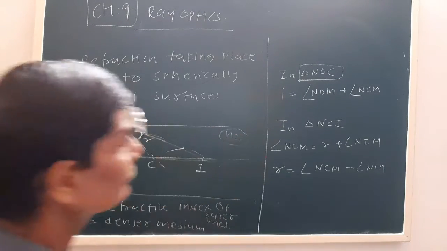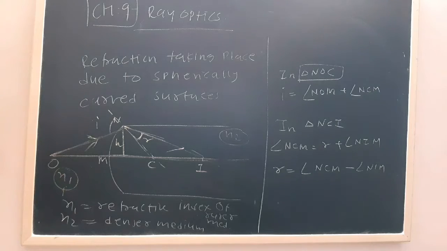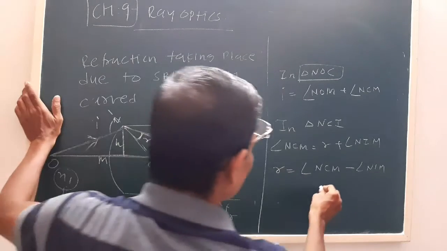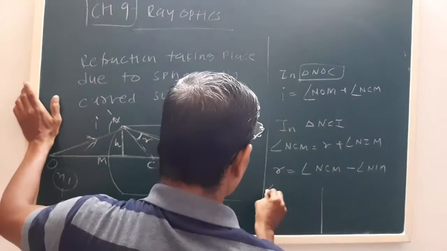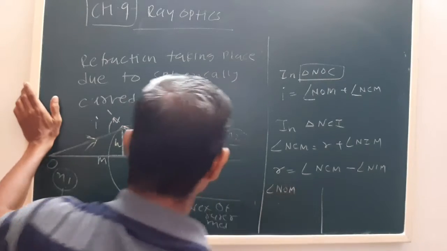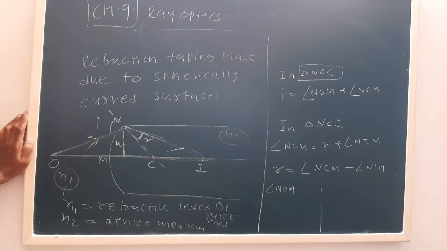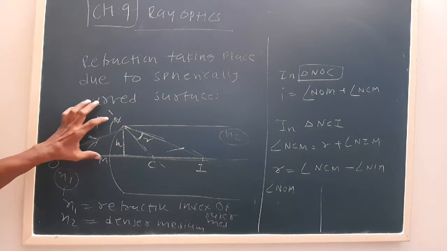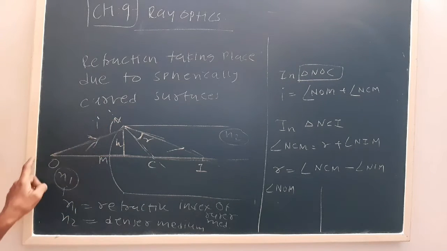First we write down the values of these angles. Angle NOM we can write as MN upon OM.